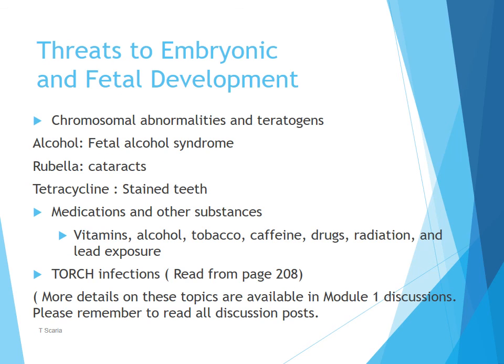Now let us talk a little bit about the threats to embryonic and fetal development. There can be so many chromosomal abnormalities and teratogens, and for example, alcohol can lead to fetal alcohol syndrome, rubella can cause cataract, tetracyclines can stain teeth, medications and other substances such as vitamins, alcohol, tobacco, caffeine, drugs, radiation and lead exposure can lead to many teratogenic effects.